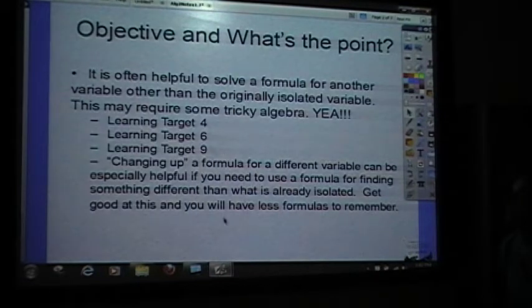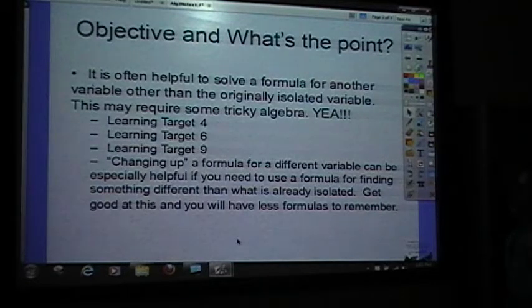This is a quick little section. Basically, you're going to find this section has a lot of applications, especially in science and obviously your math classes. You are given formulas all the time. Sometimes it's helpful to rework the formulas so that you can solve them for a different variable than the one that is isolated already.